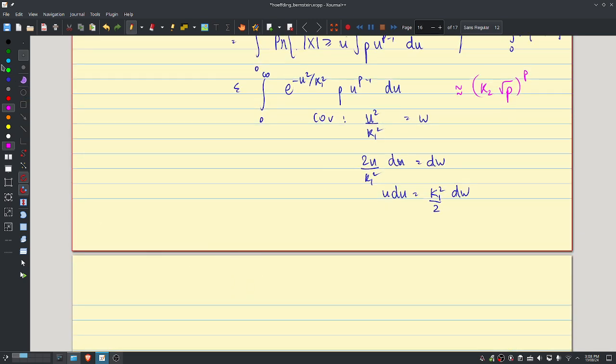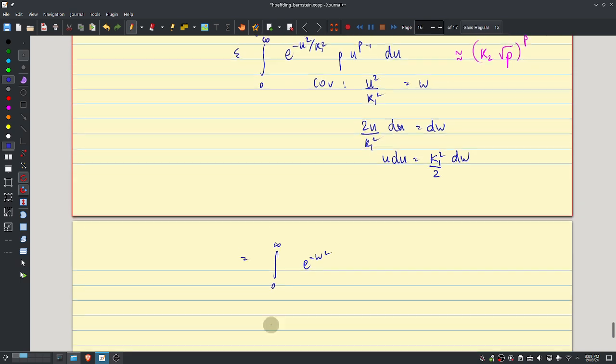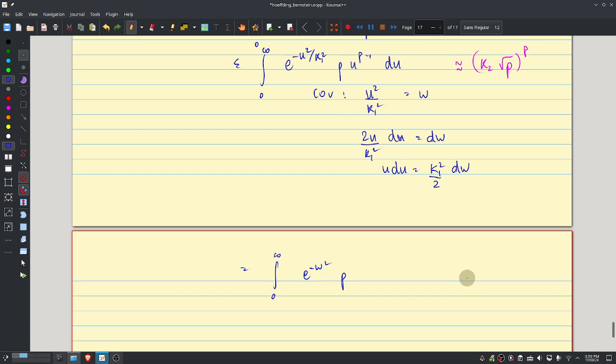Okay, so this point is just equal to the integral from 0 to infinity of e to the minus w squared times p times w, whole raised to p minus 1.